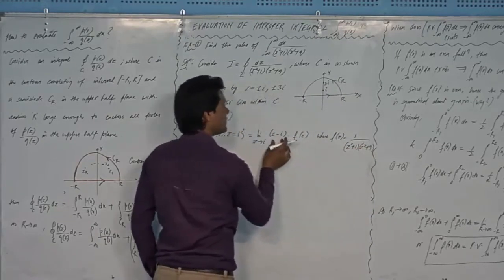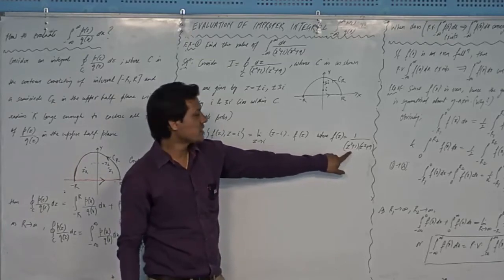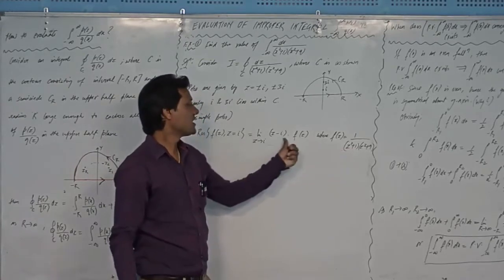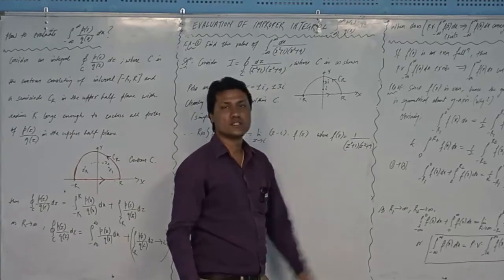When you multiply z minus iota with f(z), z square plus 1 is equal to z plus iota and z minus iota. So z minus iota will be cancelled out. You will be left with z plus iota and z square plus 9, right?